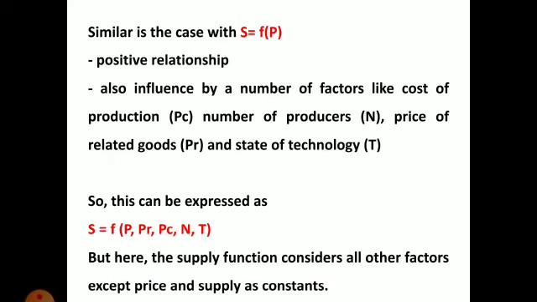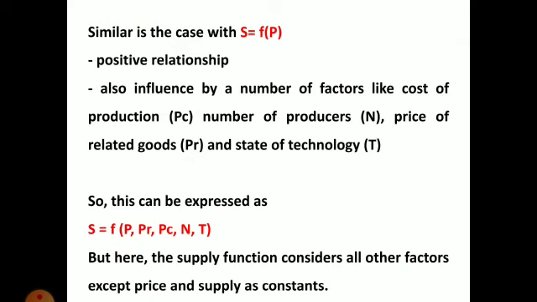Similar is the case with the supply function. Here the supply function has a positive relationship. That is, when the price increases, supply also increases. So here there are only two variables, namely supply and price. Analysis becomes easy. Both are variables.